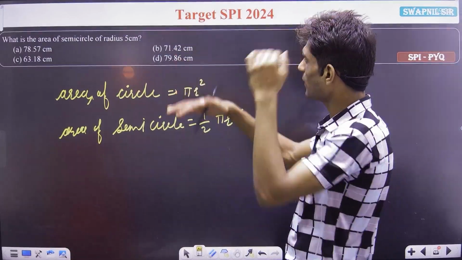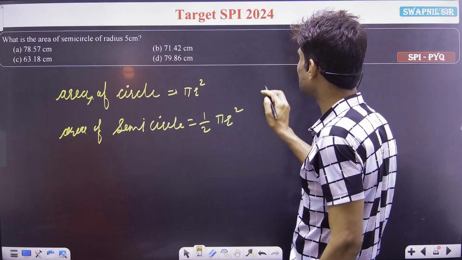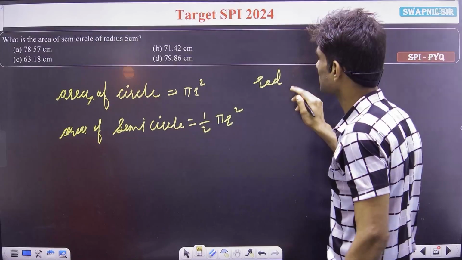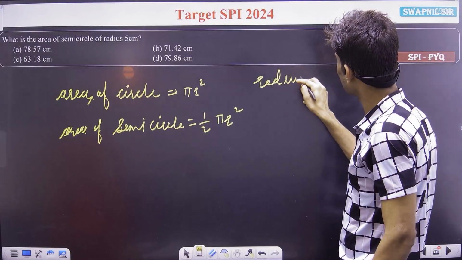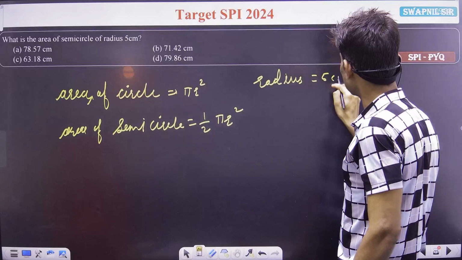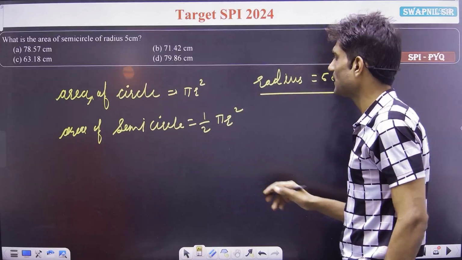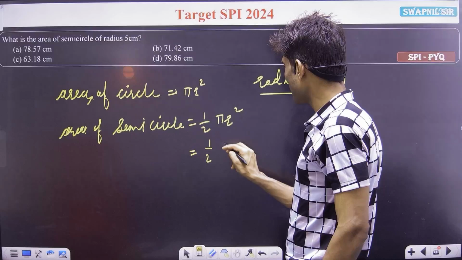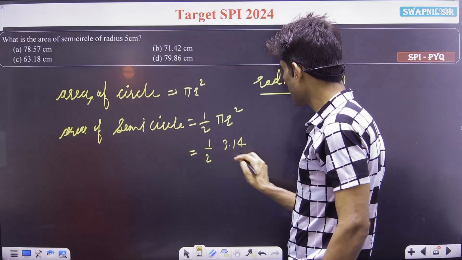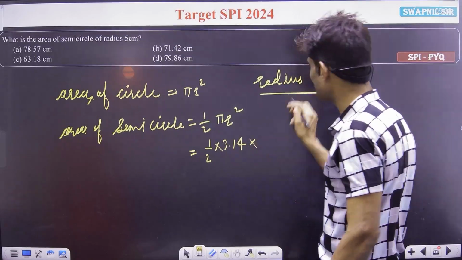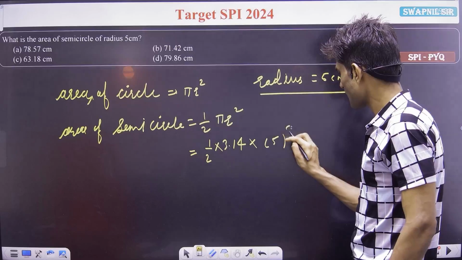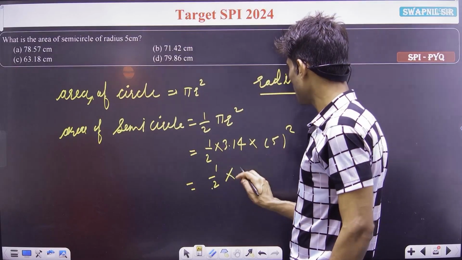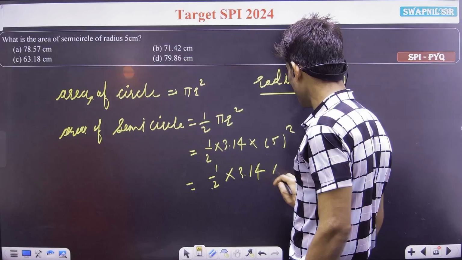Now we can see the radius is given, 5 centimeter. Then substitute the values: 1/2 into pi, we write 3.14, into radius square, which means 5 square. Then we write 1/2 into 3.14 into 25.